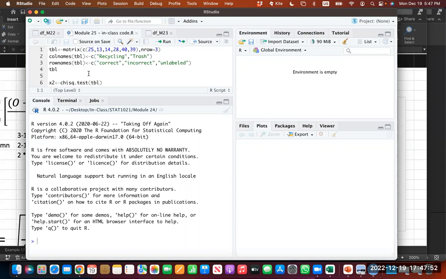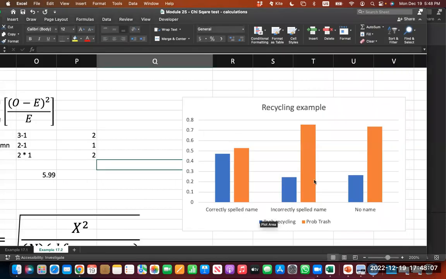You can then calculate the proportions, the risk of each condition to be met in each of your levels of your independent variable. And then lastly, calculate relative risks based on what you have seen. So if you look here at these associations, you know that these associations are significant. So it's basically preserving a high probability of trash, but this substantially decreases with the name spelled correctly on it.